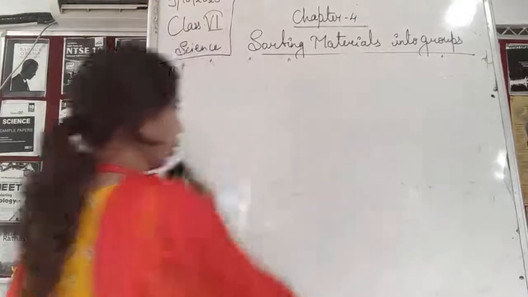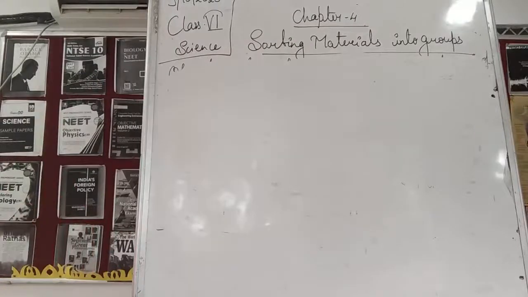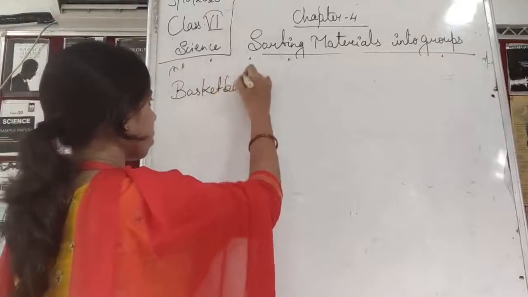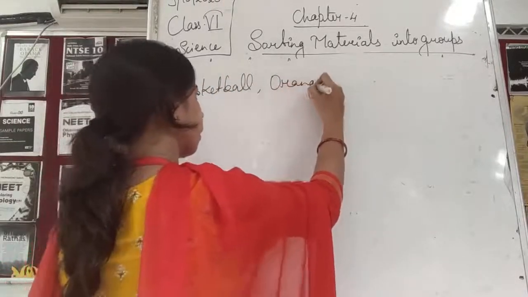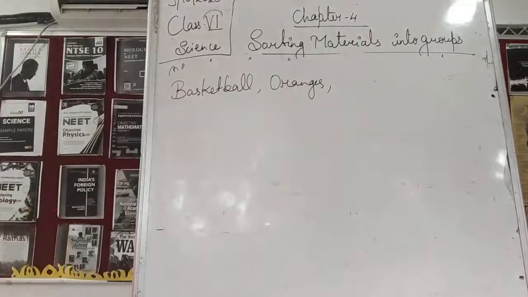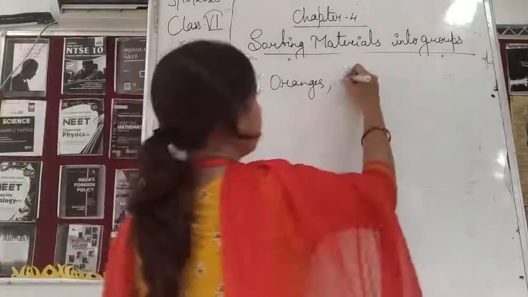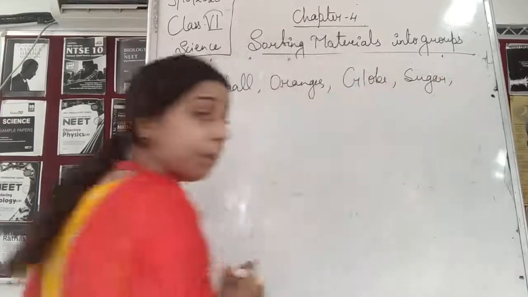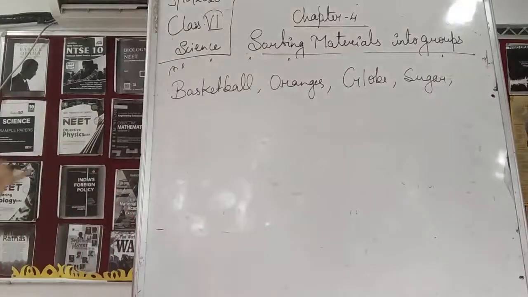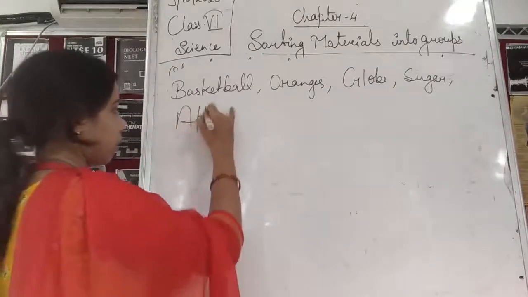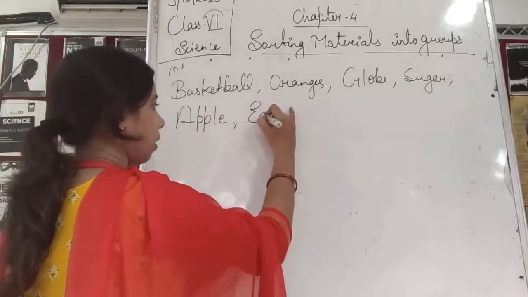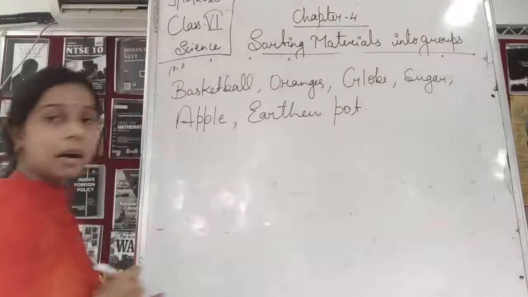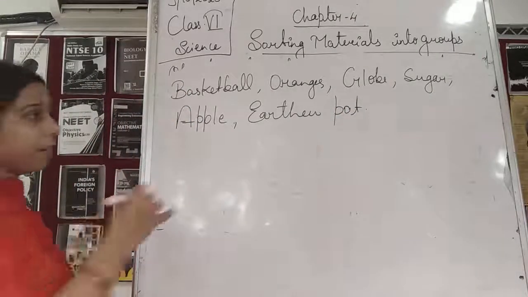You see, a lot of things are given, like a basketball, oranges, globe, sugar, apple, earthen pot, as well as water.